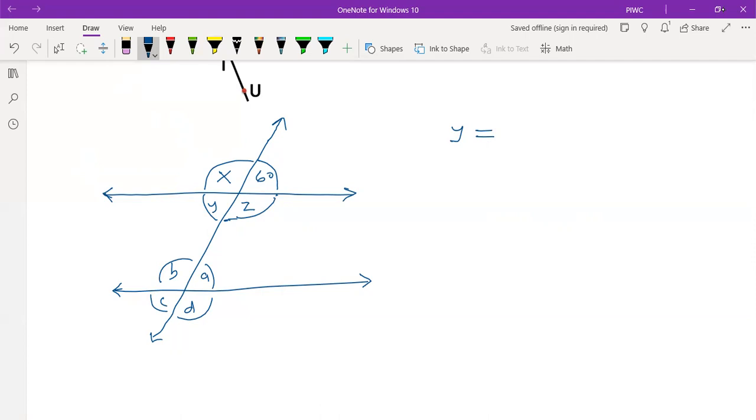So since this is 60 degrees, Y will be 60 degrees, okay? And the reason it's vertical angles. That'll be the reason. So let's put 60 here.